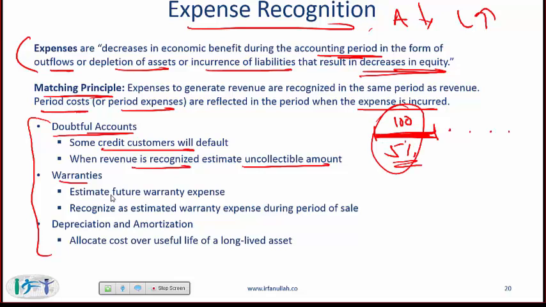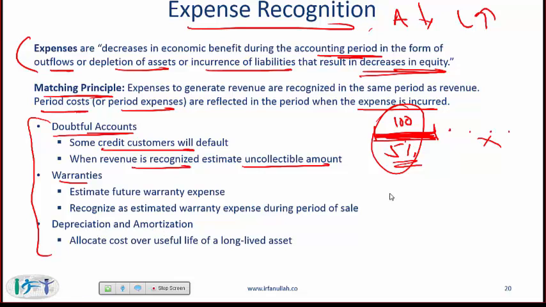Also, warranties. Estimate future warranty expense and recognize it as estimated warranty expense during the period of sale. If you sell 100,000 worth of computers this period and you expect that warranty claims will come in next period, the warranty expense needs to be shown in this period. Again, this has to do with the matching principle. Depreciation and amortization.